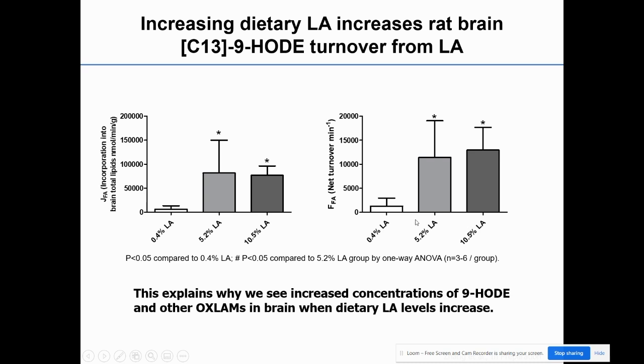What this is showing is two things. One is that LA entering the brain gets converted into OXLAMs. And this turnover is enhanced when dietary LA levels increase up to a certain point. So you get this ceiling effect I was talking about beyond 5% LA.